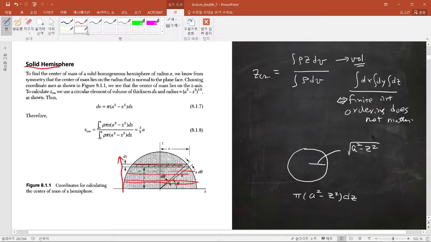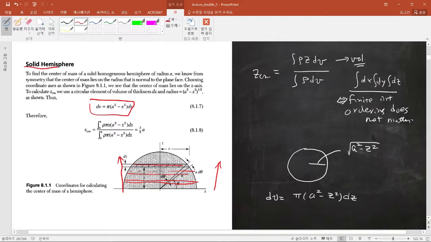So you have a dV element here, and then you just pile it up along the z direction. So dV is this one, and you just do the integration along the z direction. You pile small segments up. That is the best way of doing this.